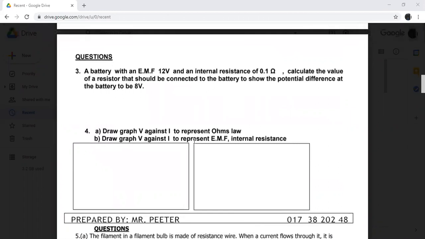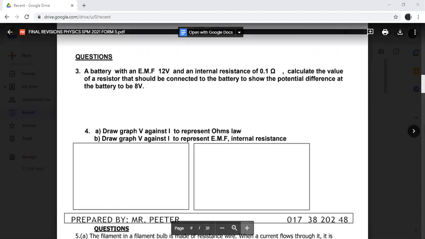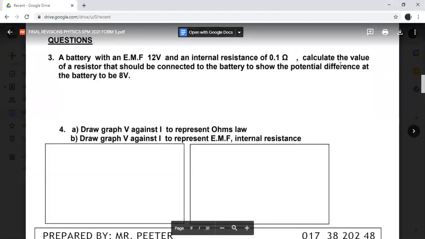common question: a battery with EMF of 12 volt and internal resistance of 0.1 ohm. Calculate the value of a resistor that should be connected to the battery to make the potential difference across the battery 8 volt. Okay, read the question again, guys. EMF should be V plus Ir.